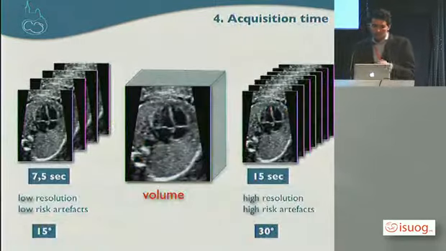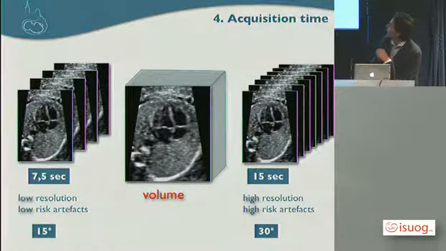Then other features will interact with the quality of the volume, especially the acquisition time. You can set the acquisition time of your machine, choosing from 7.5 seconds to 15 seconds. Here we can see the same volume, and within the same volume you can choose to have, for example, 4 planes or a lot of planes, with the same depth.